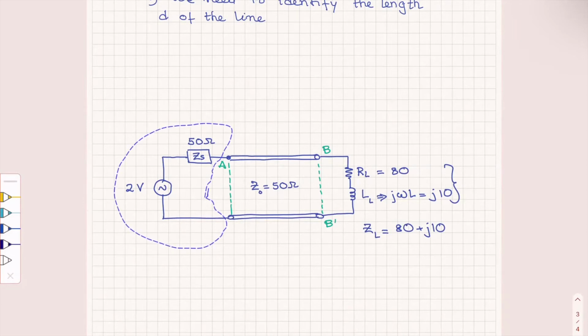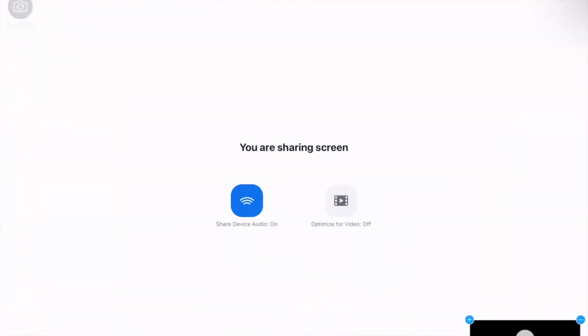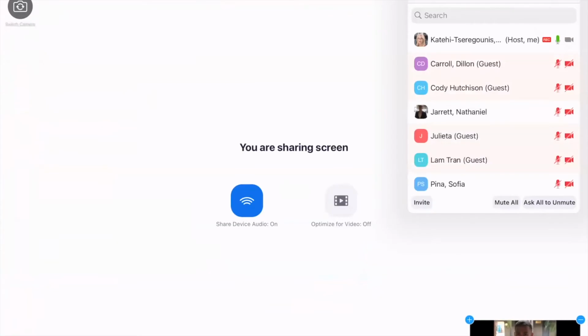I'm asking somebody to tell me. Okay, who's gonna tell me? Where would you like to use the stub, in the beginning or at the end?